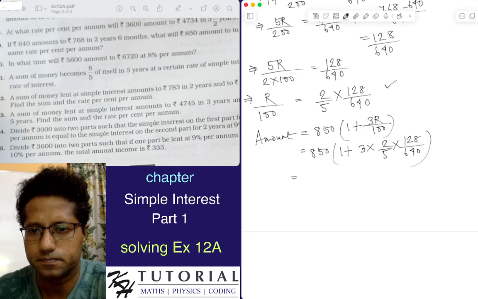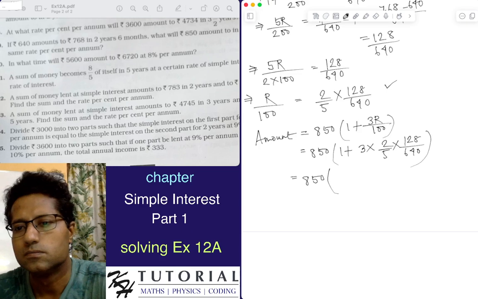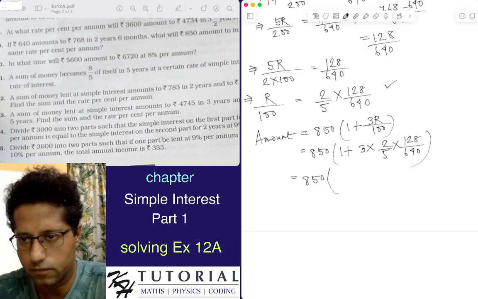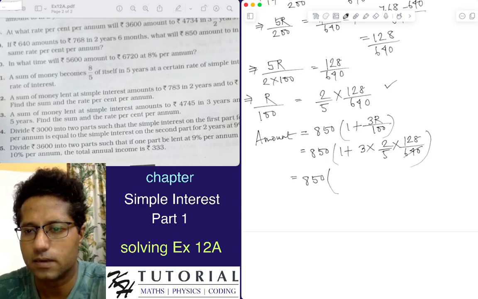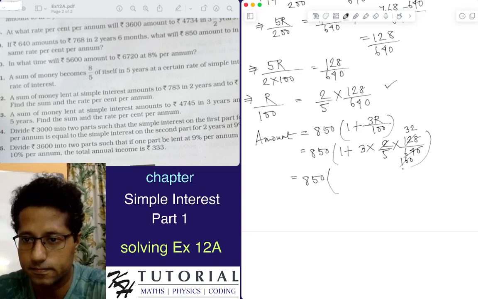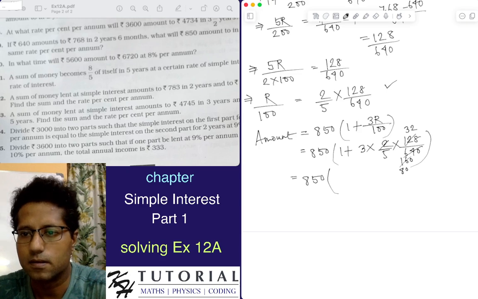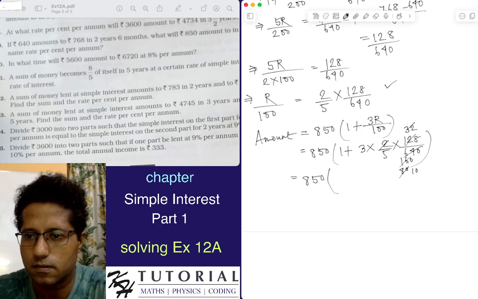What is this value? 850, if we divide 640 with 4, we get 160, and this is 32, and 2 divides 80, and 8, 10, 8, 4.